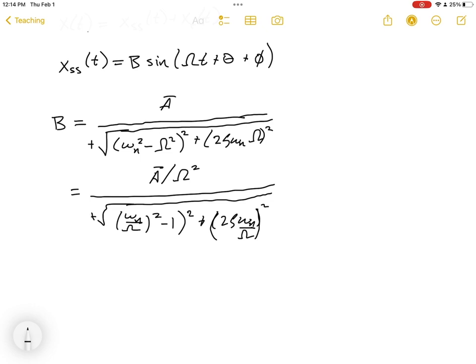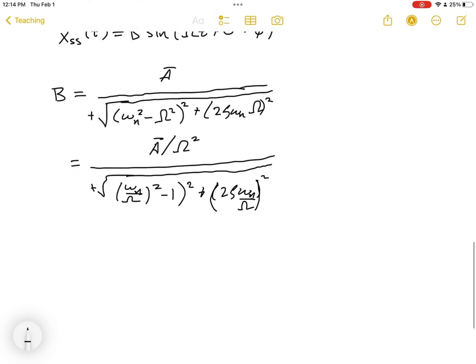We'll also introduce another equation that we'll be able to derive in a couple weeks ourselves. Phi is equal to atan2 of minus 2 zeta omega n times capital omega, comma, omega n squared minus capital omega squared.